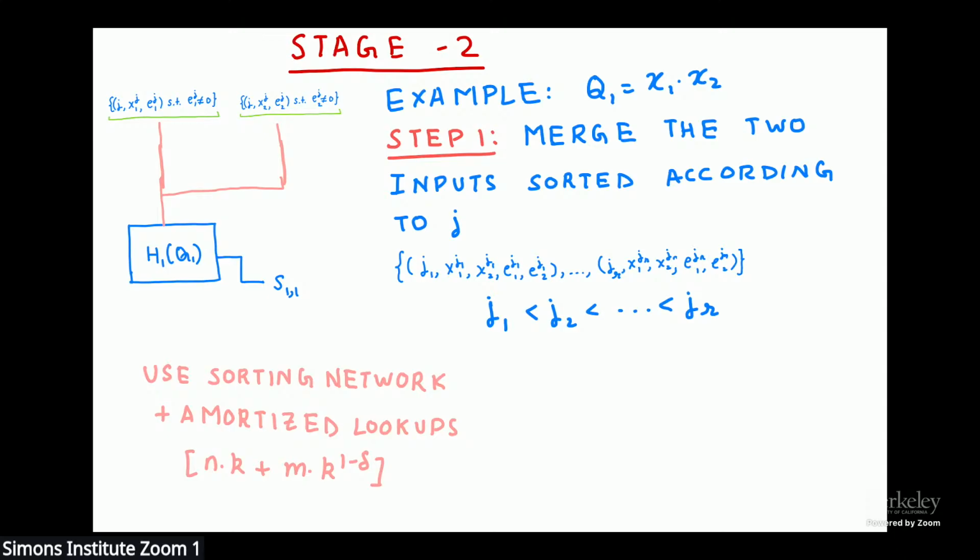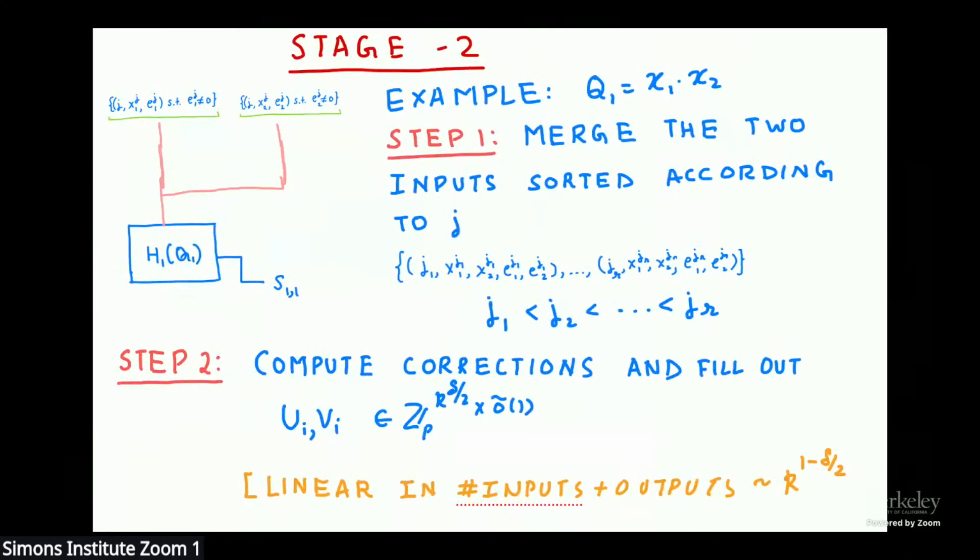but once you have merged these two, then computing this compression is actually really easy. You know exactly which inputs are problematic wherever there's noise, you know the values of x there, and you know the value of the error there, and they are already sorted in the right format.